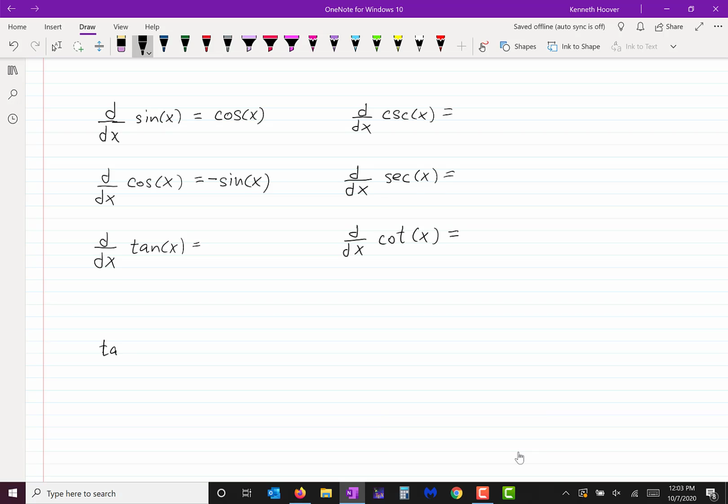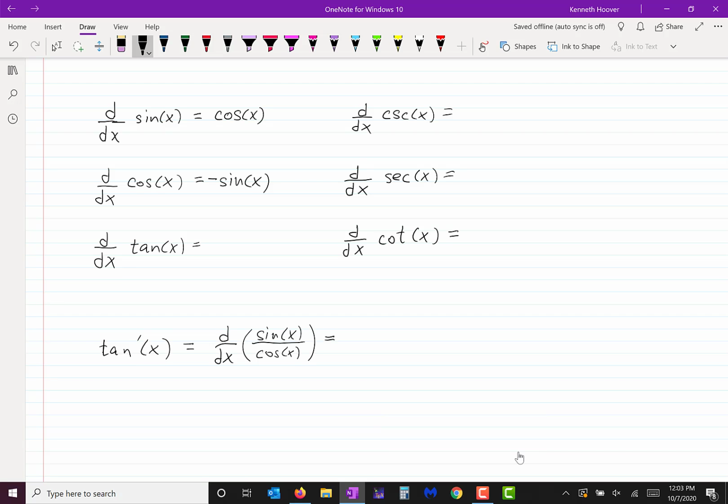I'm just going to write tangent prime. Okay. That equals the derivative of sine over cosine. Use the quotient rule. Do you remember? It's the derivative of the top times the bottom minus the top times the derivative of the bottom divided by the bottom squared.